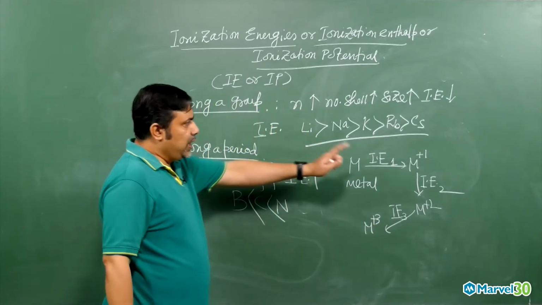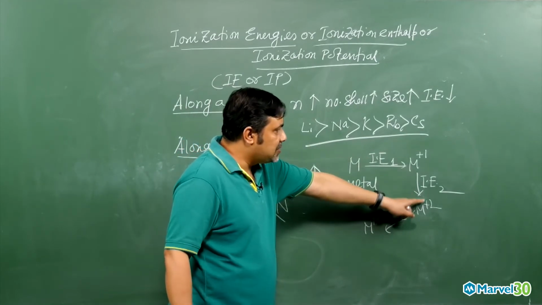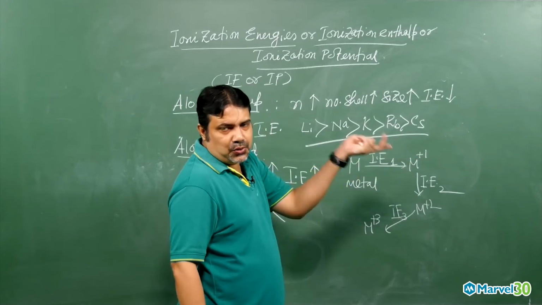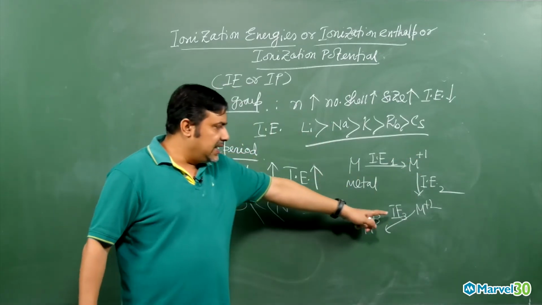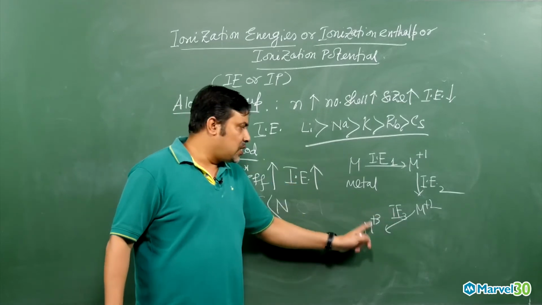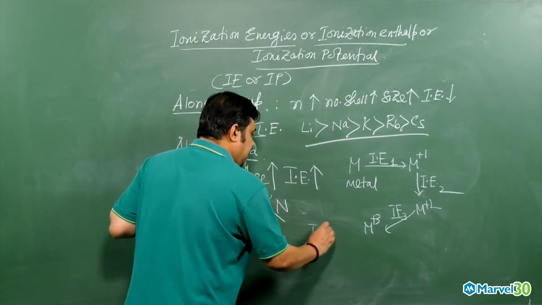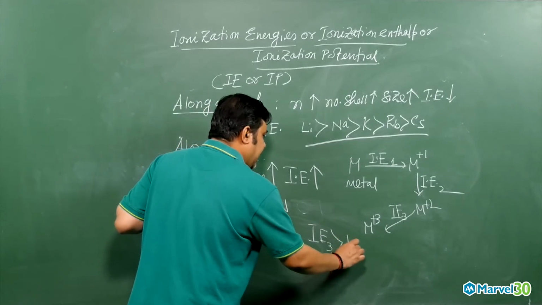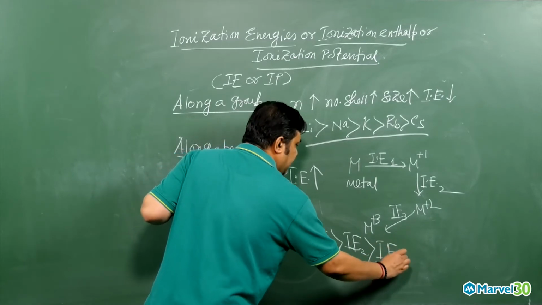So M to M plus is ionization energy 1, M plus to M plus 2 is ionization energy 2, and so on. Always ionization energy 3 will be greater than ionization energy 2, which will be greater than ionization energy 1 for the same atom.